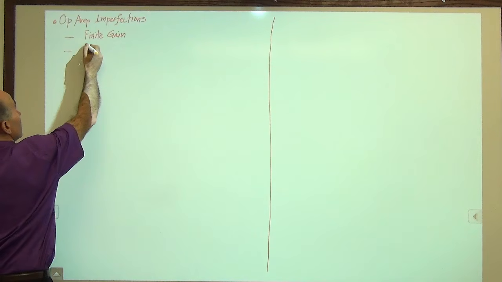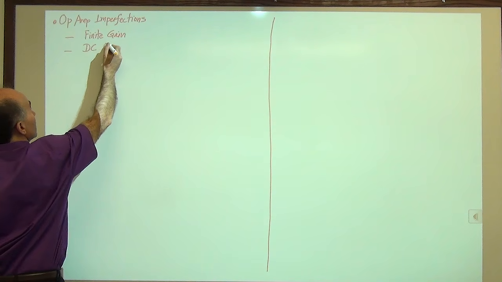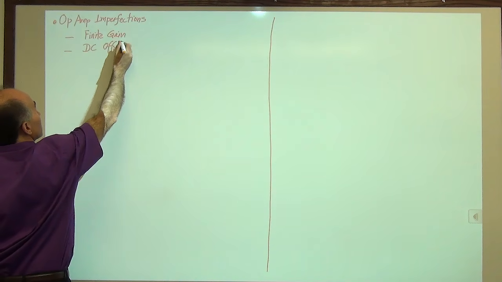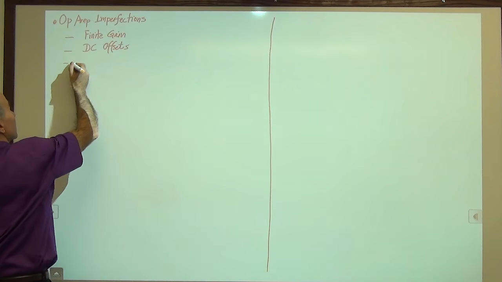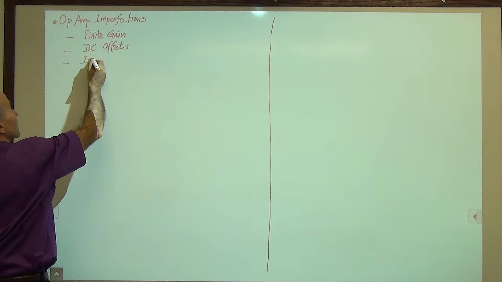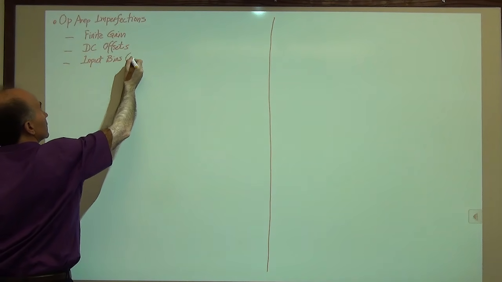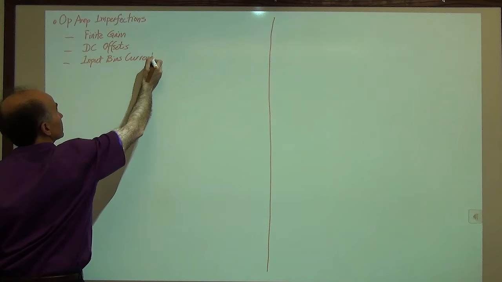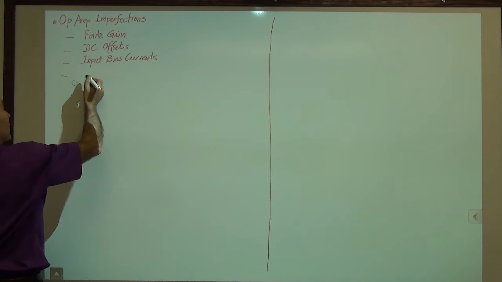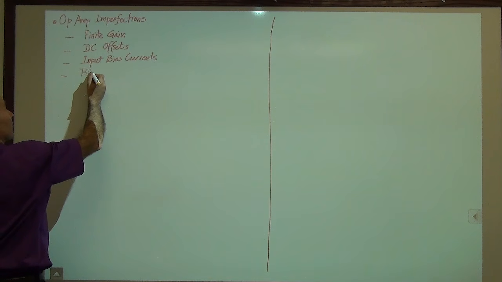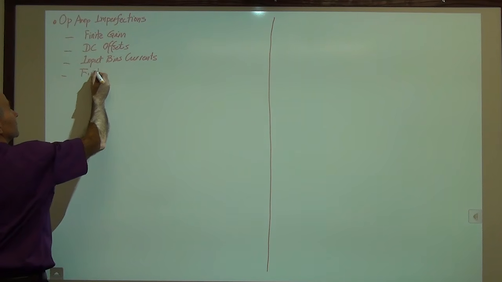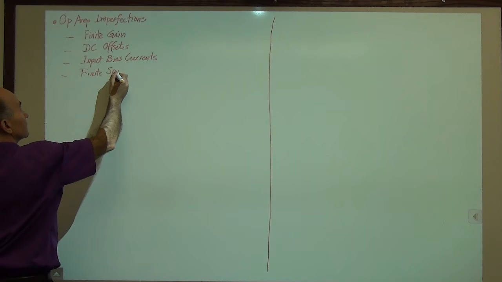One is what we call DC offsets. The other is input bias currents. And the last one is finite speed.